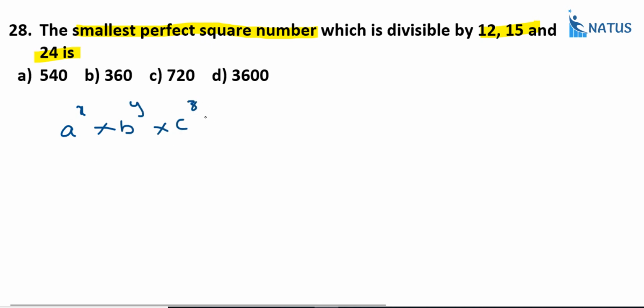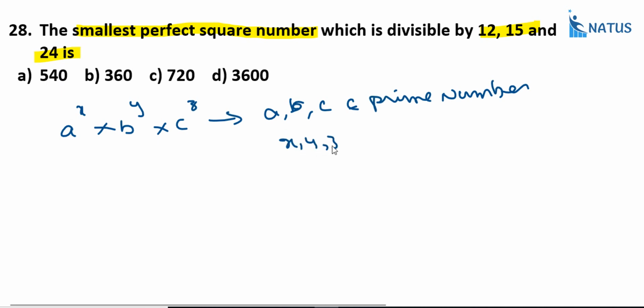When this number is a perfect square, a, b and c must be prime numbers and x, y and z must be even numbers. Base must be prime and power must be even, then only that number is a perfect square.